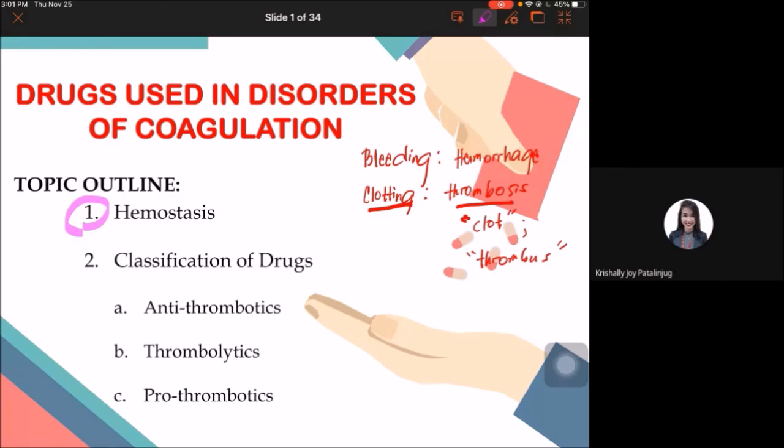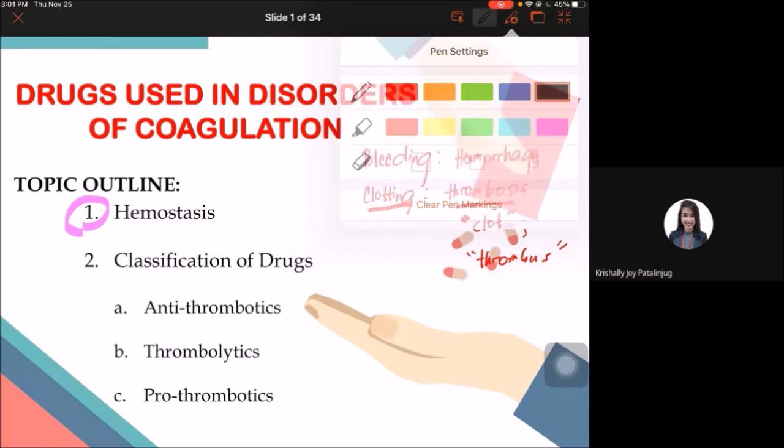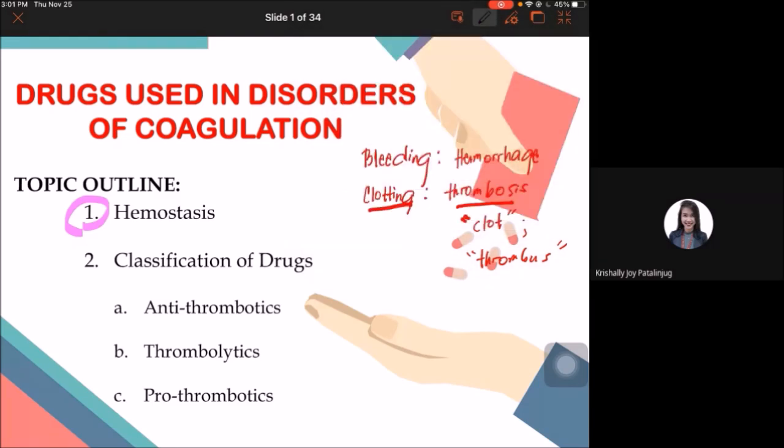Now, when we say hemostasis, this is simply the maintenance of blood clot formation. This means maintenance of blood clot formation in our body. Again, this is a physiology of the body that involves blood clot formation.